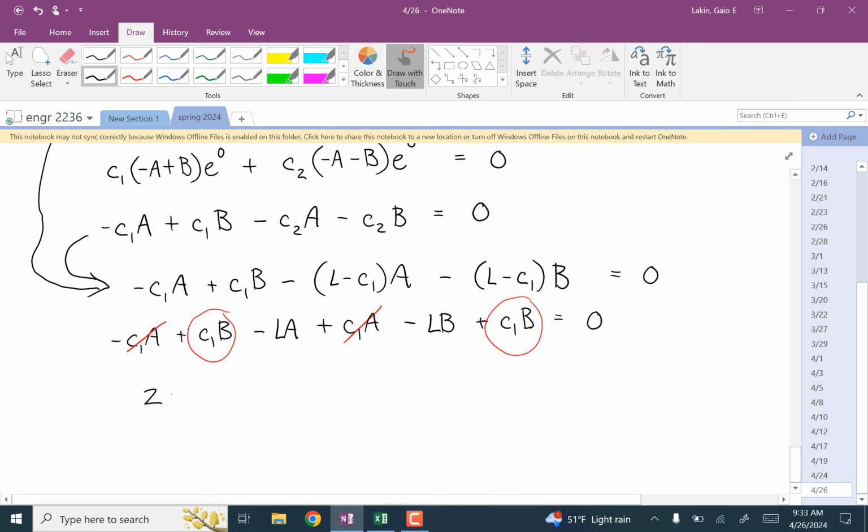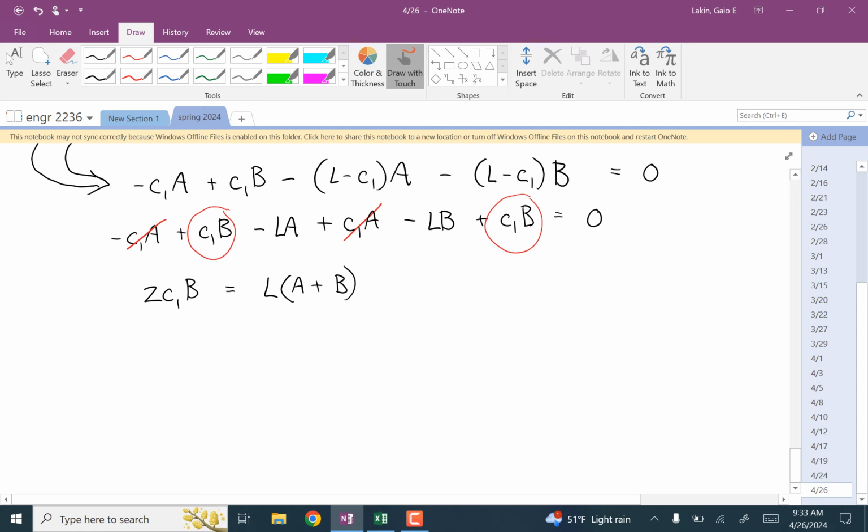So 2C1B is equal to L times A plus B. And so C1 is equal to L times A plus B, all over 2B.